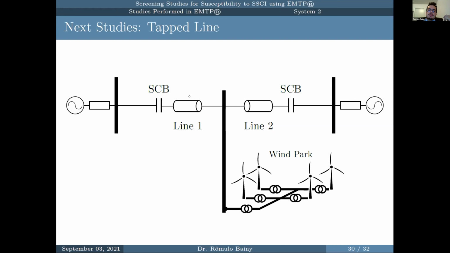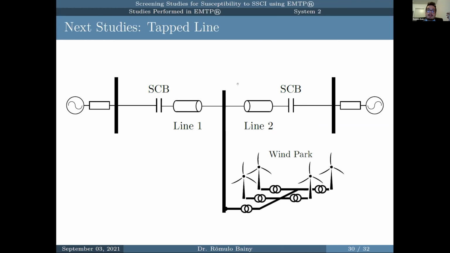And depending on this proportion, because the wind park, the renewable sources, depend on location, you can't just move them around. They are there, and then you need to find a way to connect to the system. And usually you're going to tap the line in the closest path of your renewable energy source.